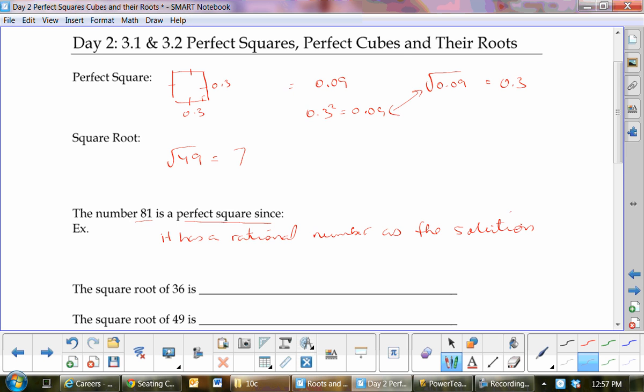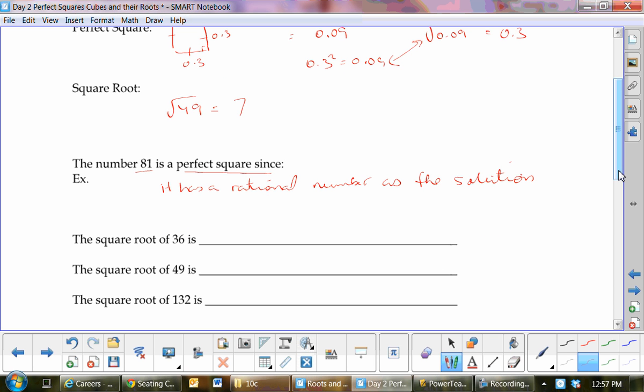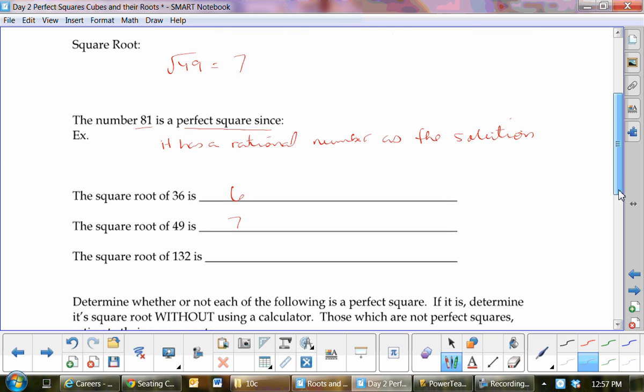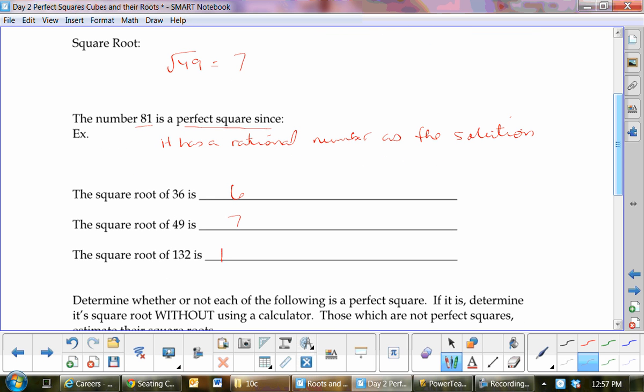So, no irrational numbers, and you're fine. Square root of 36? 6. Square root of 49? Square root of 132? Okay, so let me write this down.